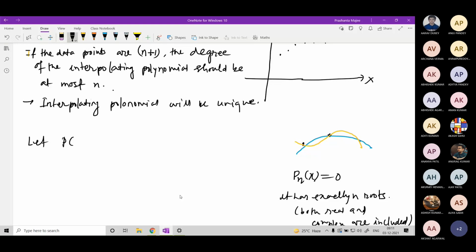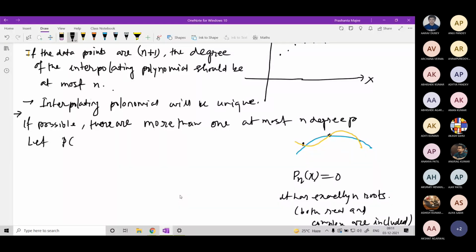I told you that the interpolating polynomial will be unique. If possible, suppose there is more than one at most n degree polynomial. So suppose P(x), I should not use that subscript n, otherwise you'll be thinking exactly n. I am telling at most n.